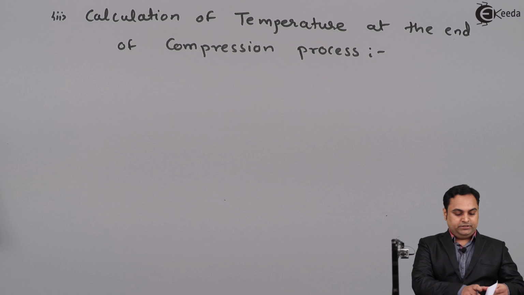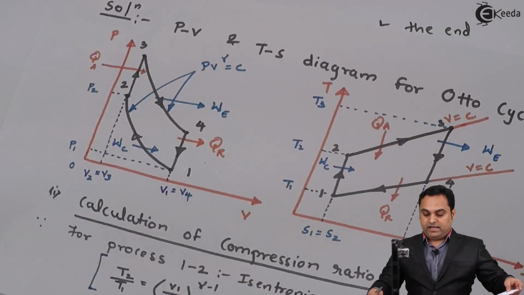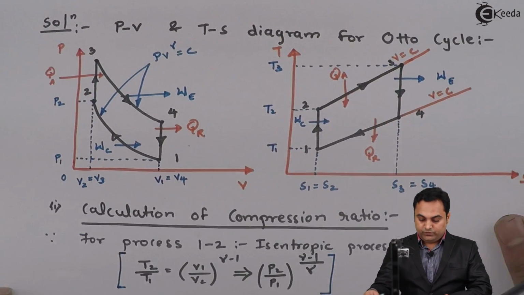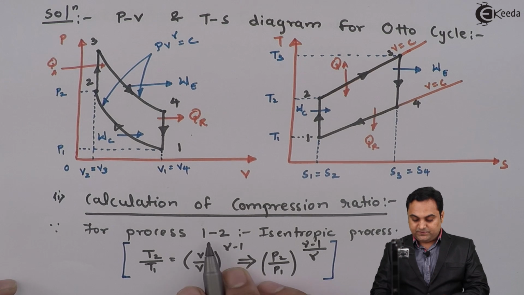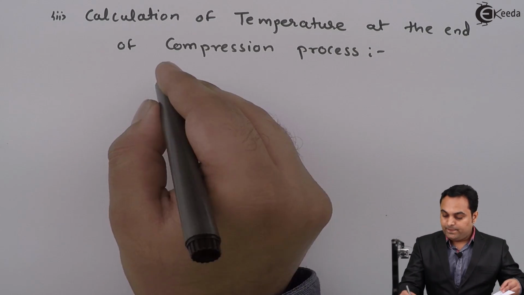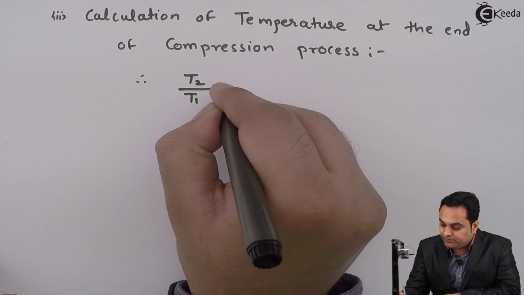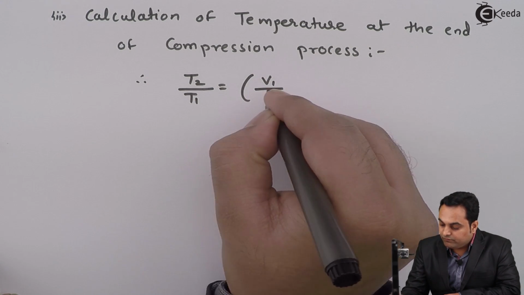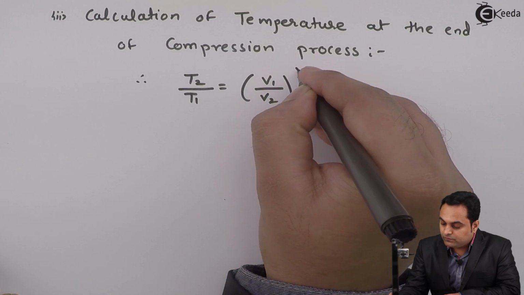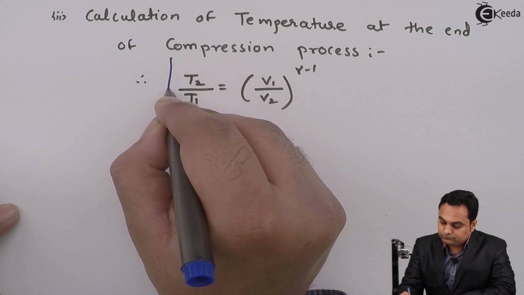Since we know that the compression is isentropic, or we can say reversible adiabatic, for reversible adiabatic compression we can use this relation, which I previously wrote for process 1 to 2. Now T2 by T1 can be written as V1 by V2 raised to gamma minus 1. So T2 by T1 is equal to V1 by V2 raised to gamma minus 1.